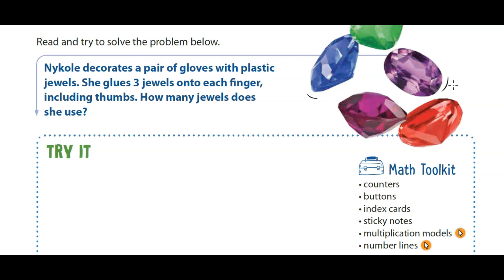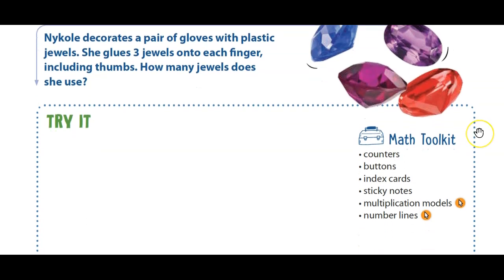Last time I checked, a pair of gloves means how many gloves? 2. And it says that she glues 3 jewels on each finger, right? So each glove has how many fingers? 5.